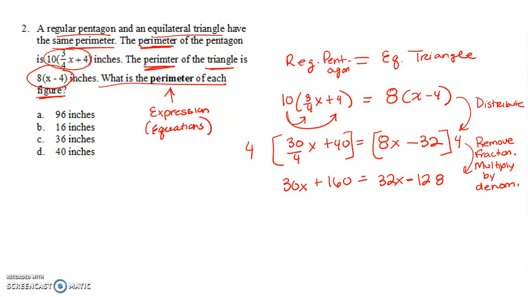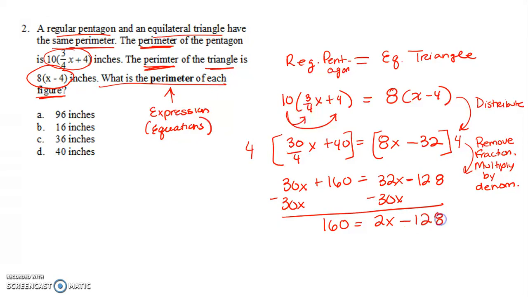Now I'm going to use inverse operations to determine what x equals. So I always start with my coefficients, my x terms. That equals 0, 160, 32 minus 30 is 2x.